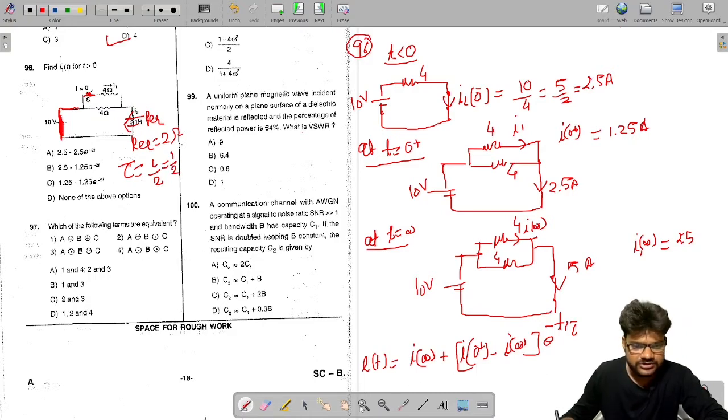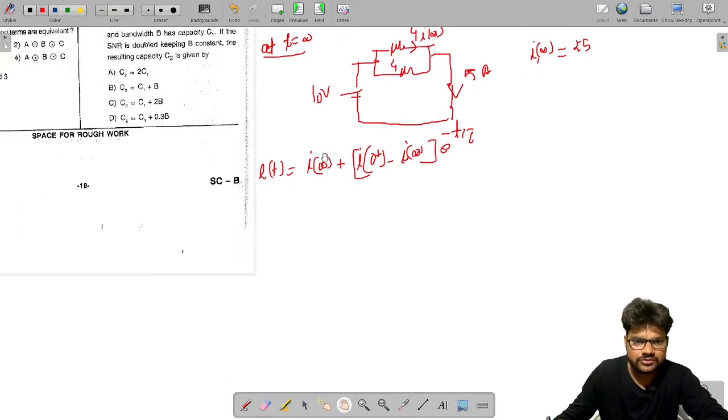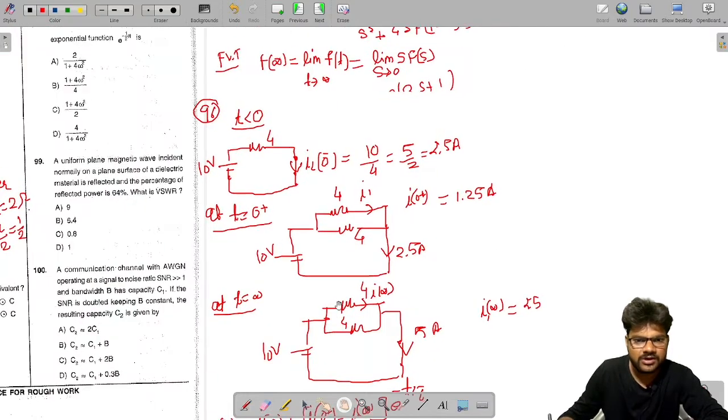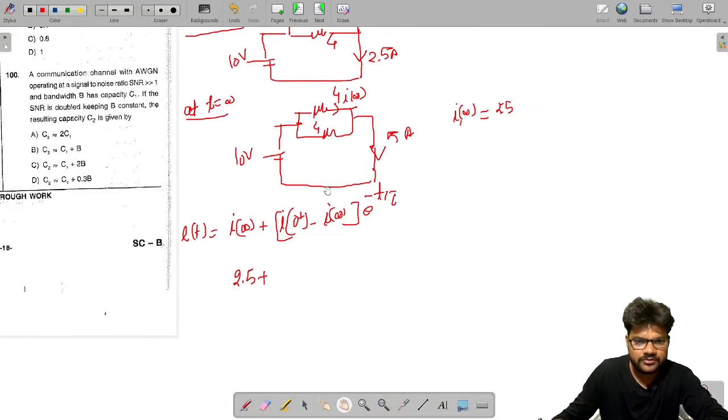Now let us use this tau. So I of t will get, I of infinity how much we got? 2.5. 2.5 plus I of 0 plus, how much we found? I of 0 plus or 0 minus, this is same, this is 1.25. So 1.25 minus I infinity is 2.5, and e to the power minus t by tau, we found 1 by 2.